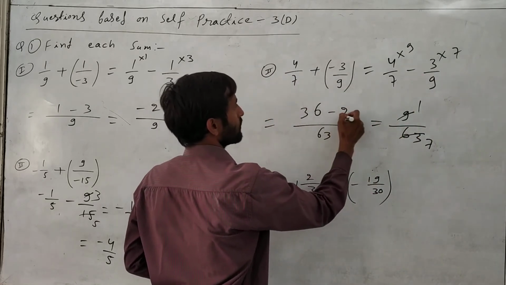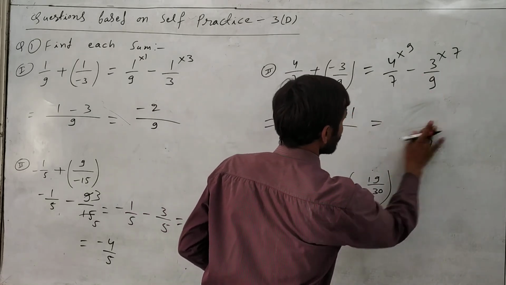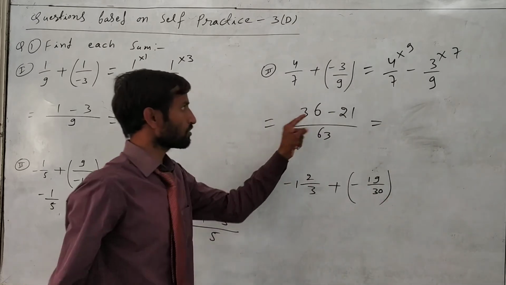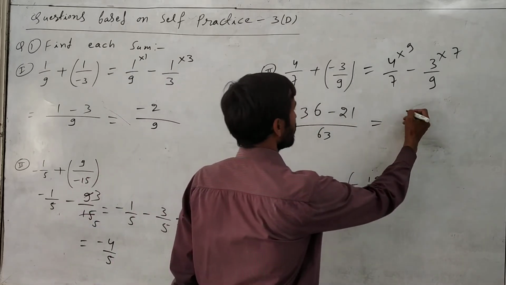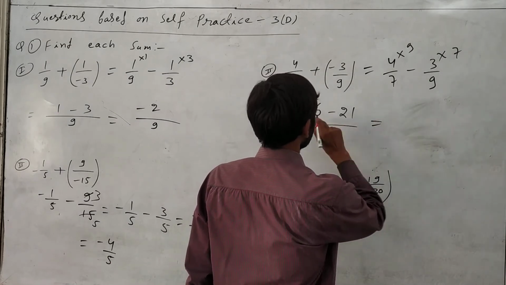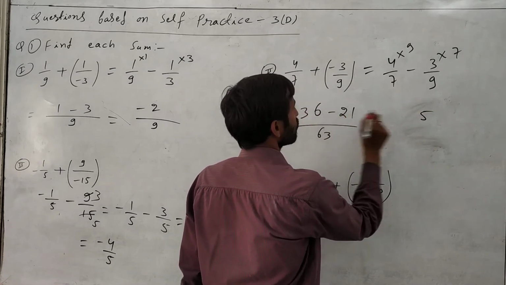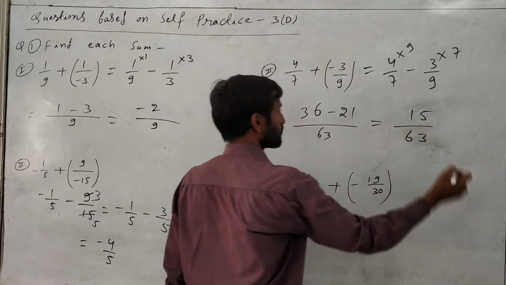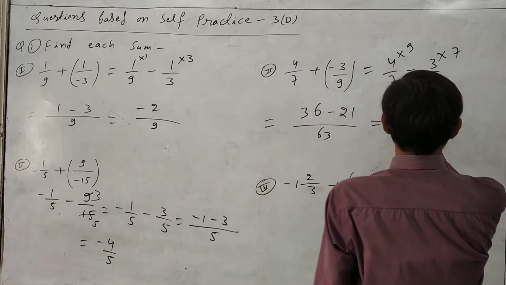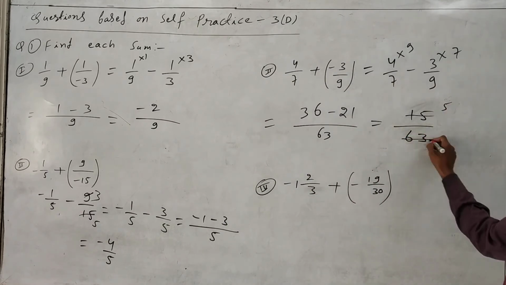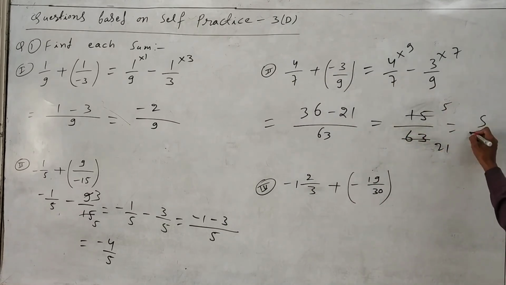Just see here, 36 minus 21. Sorry, earlier I said 27, but 3 sevens are 21. So 36 minus 21 will come 15 upon 63. Here we can cancel out by the 3 table. So 5 threes are 15 and 21 threes are 63, so the final answer is 5 upon 21.